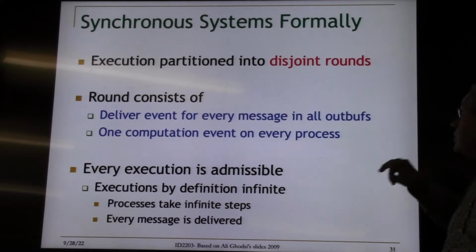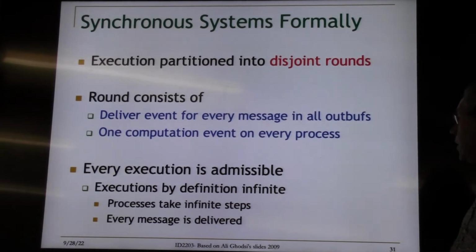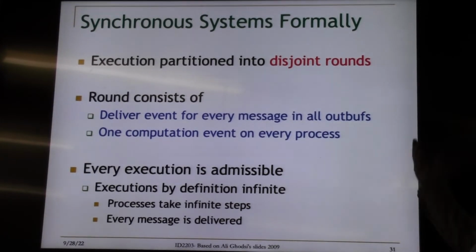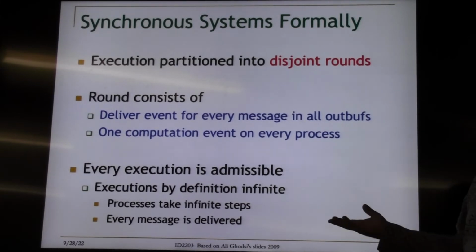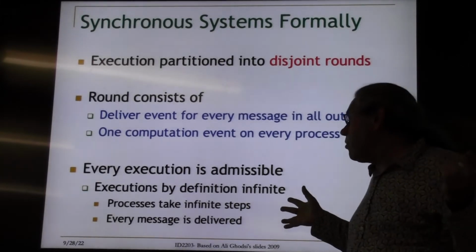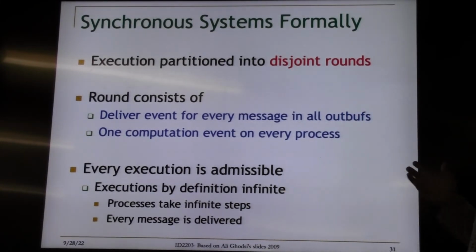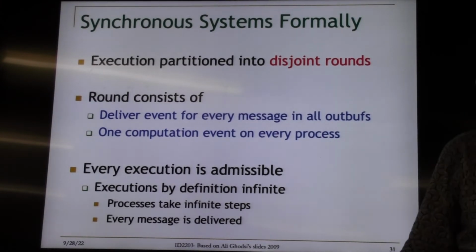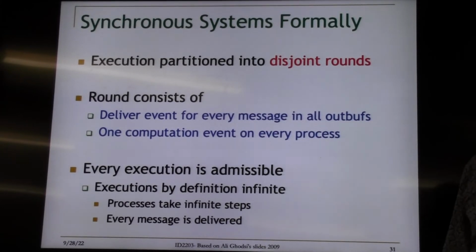Notice that in a synchronous system, all executions are admissible because you're doing comp events on every process in every round, and all messages are delivered in every round. So there's no problem. In fact, every execution is admissible. And they're still infinite. So that's how you would do this synchronous.